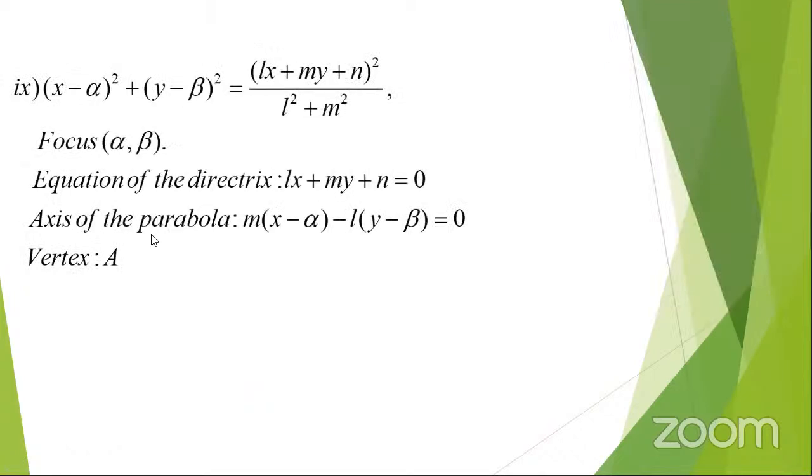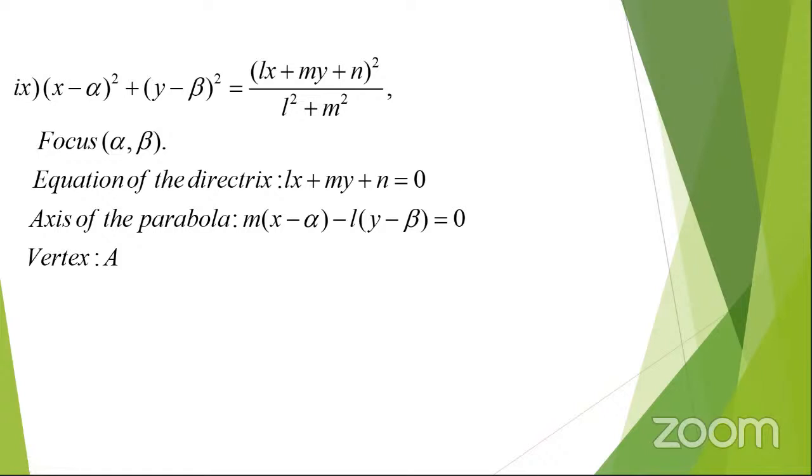The distance between the focus and point P. Squaring both sides, (x minus alpha) whole square plus (y minus beta) whole square is equal to PM square, the square of the perpendicular distance of the point to the directrix, which is (Lx + My + n) whole square by (L square plus M square). This is the equation of the parabola in general form.